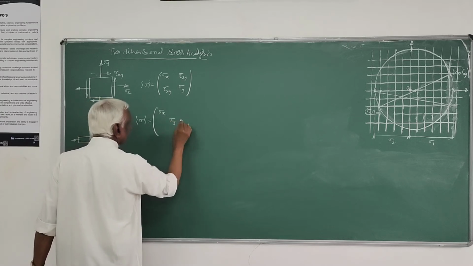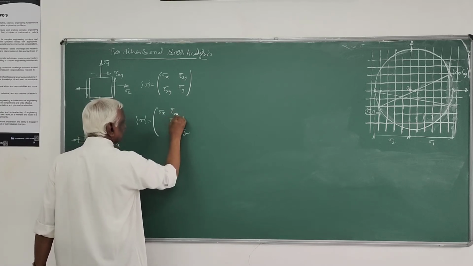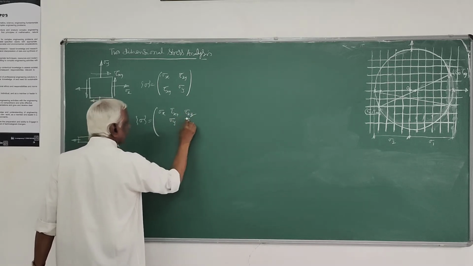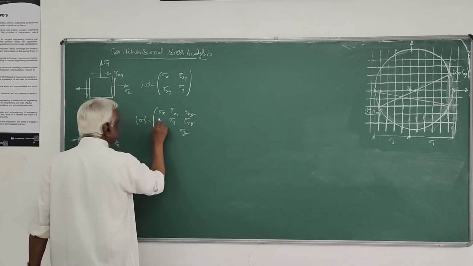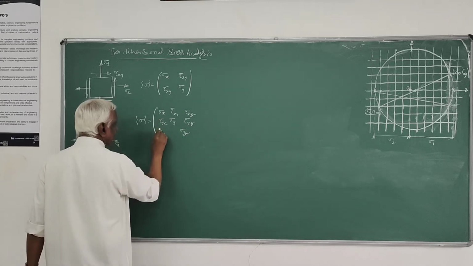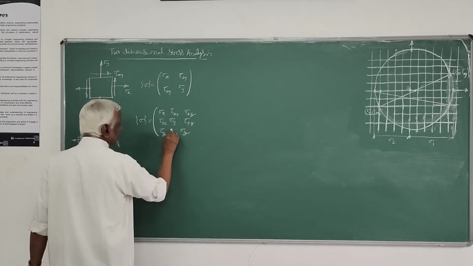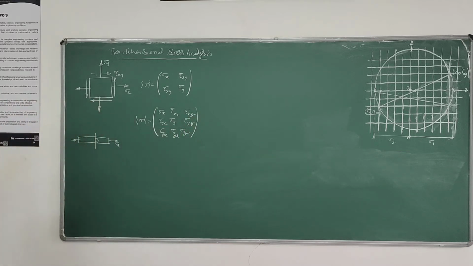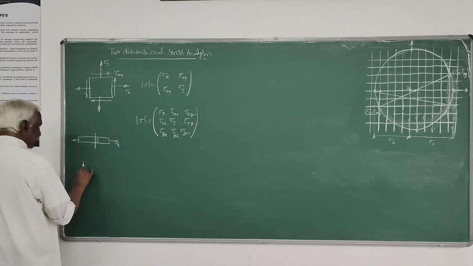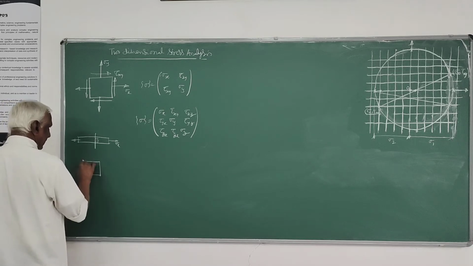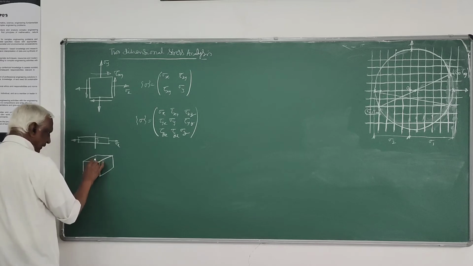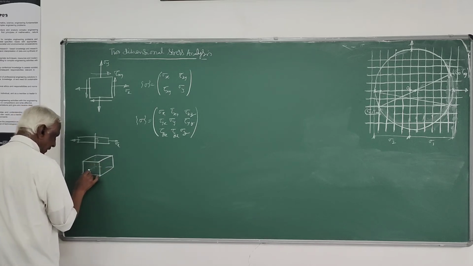Three normal stresses, and shear stresses tau xy, tau xz, tau yz, tau yx, tau zx, and tau zy. This is the state of stress in three-dimensional analysis representation. So we can always represent three-dimensional state of stress like this.